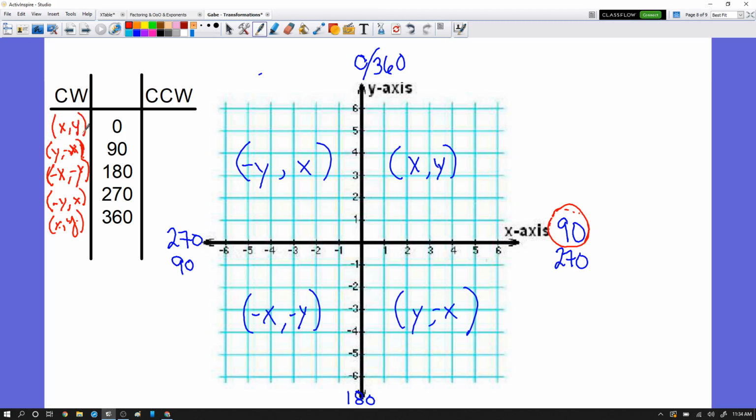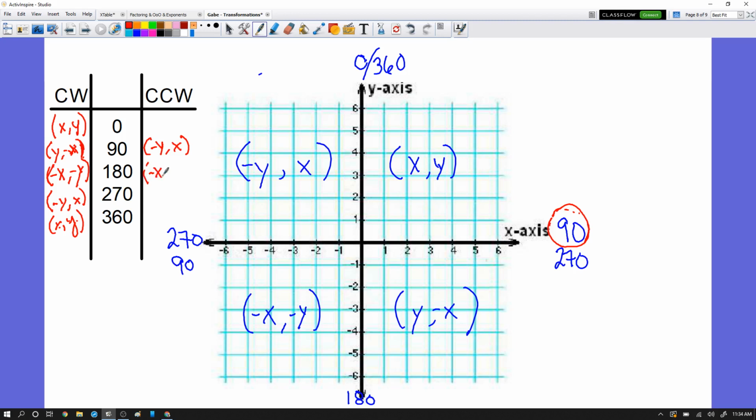Let's go ahead and do that same thing counterclockwise. So if I were in quadrant 1 and I went 90 degrees, that's just over 1. Then it would be a negative y, x. If I were to go 90 degrees, 180 degrees, it'd be the same.